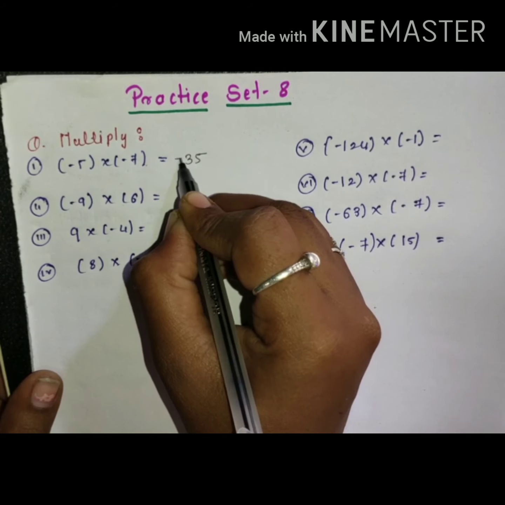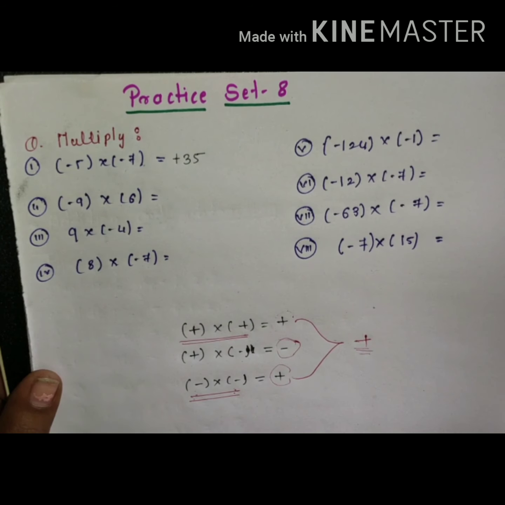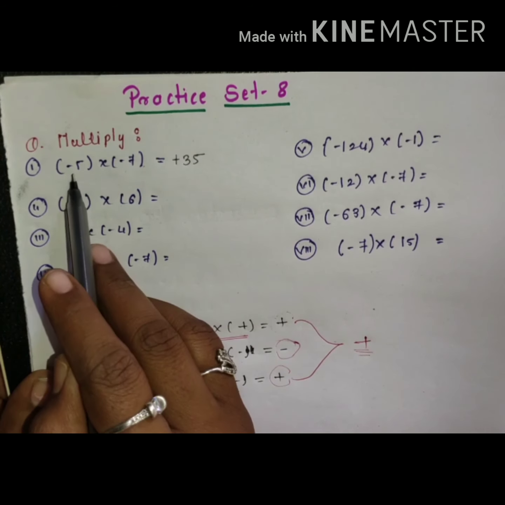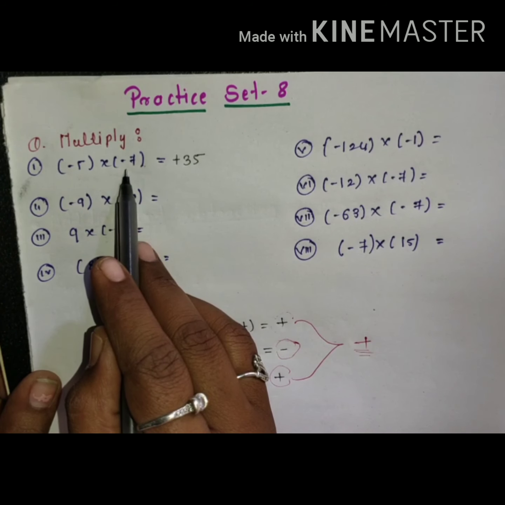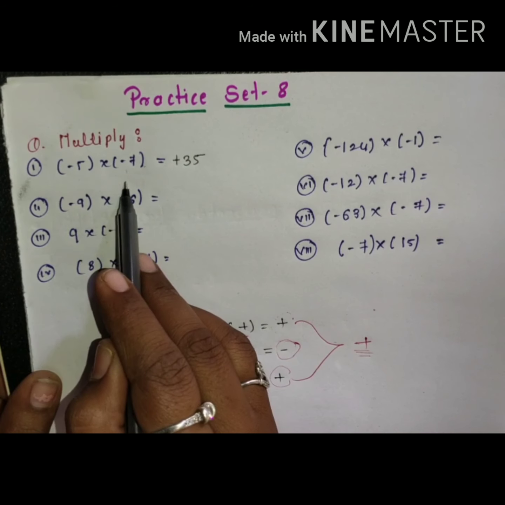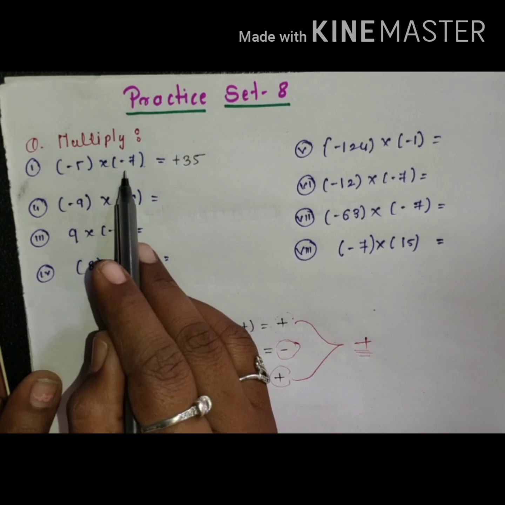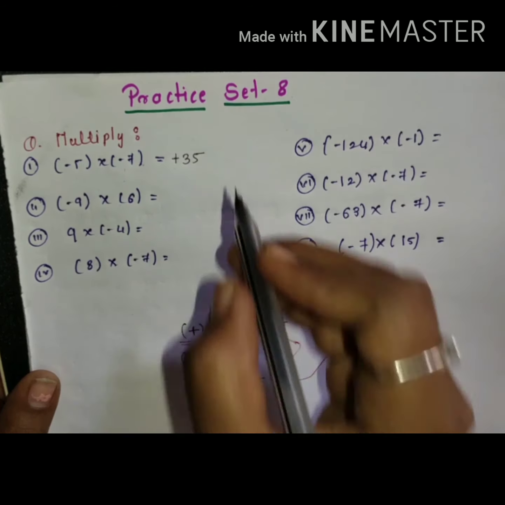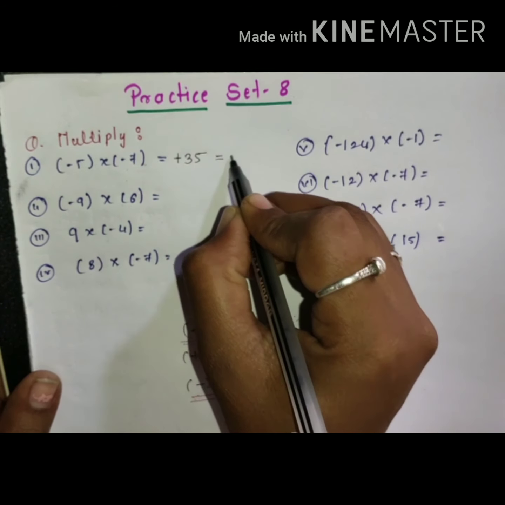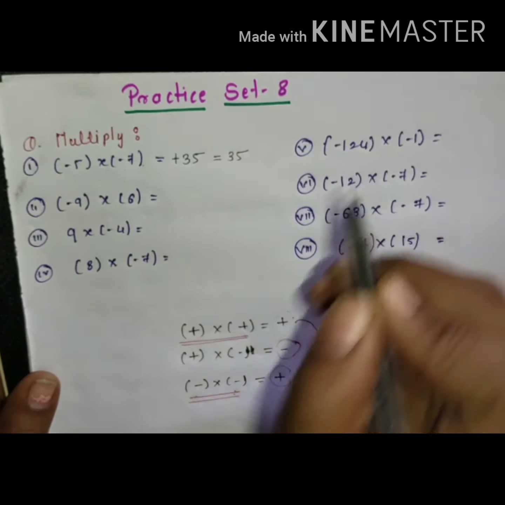So the answer is plus 35. Again I am revising it: both the integers have the same sign, minus into minus, it will be a plus. 5 sevens are 35. It can be written as only 35 also.